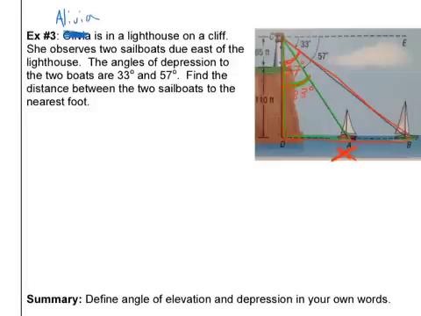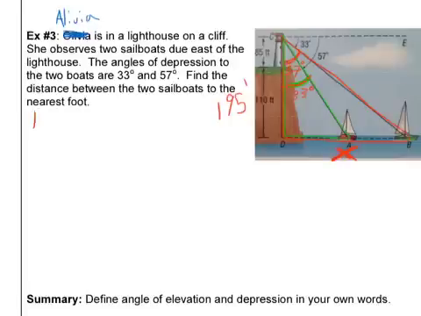And what's the total height here? Well, I have an 85 and I have 110, right? It says the lighthouse is 85 feet and the cliff is 110 feet. So altogether, that is 195 feet. All right, and if I'm using this big angle of 57, that means x would be the opposite and 195 would be the adjacent. So I'd be using the tangent ratio, because I have an opposite and I have an adjacent.